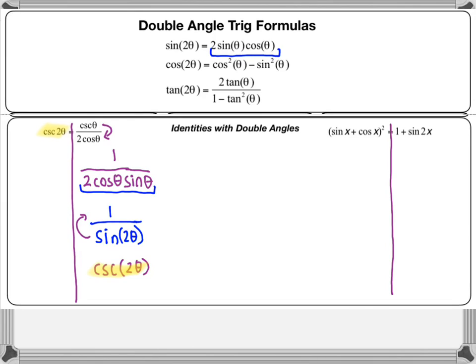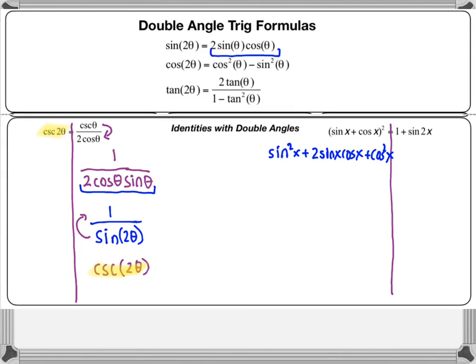When I FOIL the left-hand side, I'm going to get sine squared x plus 2 sine x cosine x plus cosine squared x. So that's just FOILing that out.